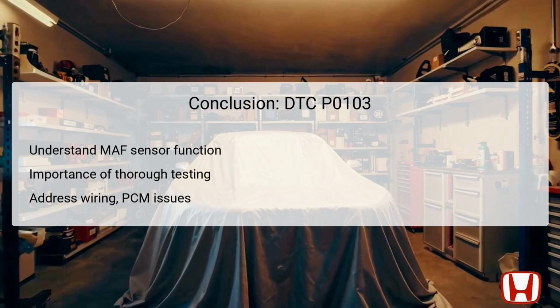In conclusion, comprehending the DTC P0103, which indicates a high voltage condition in the MAF sensor circuit, is essential for effective troubleshooting. The MAF sensor's role in engine management cannot be overstated, as it directly influences fuel efficiency and performance. Thorough testing methods, including continuity checks and verifying integration with the PCM, are important steps in diagnosing the issue.